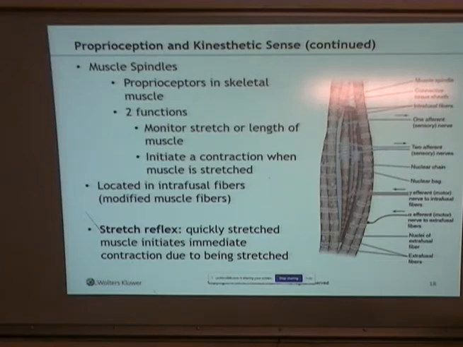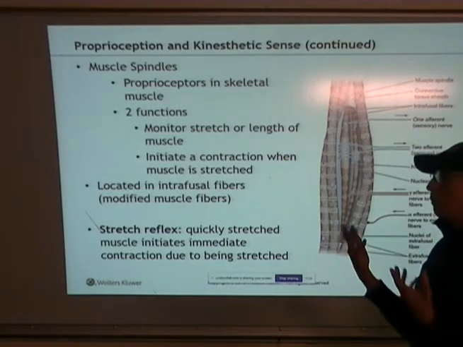It also plays a role in the stretch reflex. Okay, so if I stretch a muscle very quickly, then it is immediately contracted. So we can use that, and it's used a lot in motor skills, right? Because that means I can produce greater force output if I add a pre-stretch into the skill action.